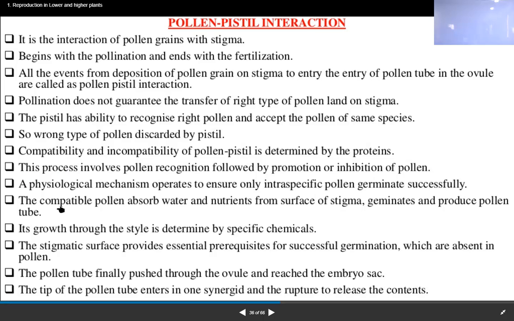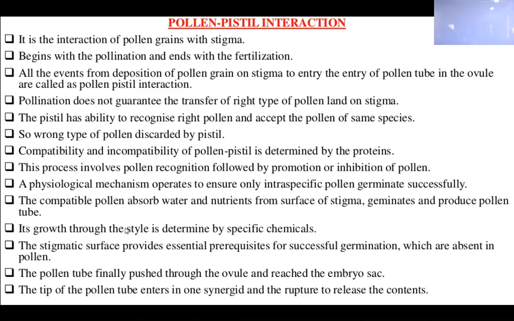Understood? So the compatible pollen absorbs water and nutrients from the surface of stigma, germinates and produces pollen tube. And then there is formation of pollen tube. The pollen tube has to form so that the pollen grain can be transferred from there and introduced into a cell which is there in the ovary.